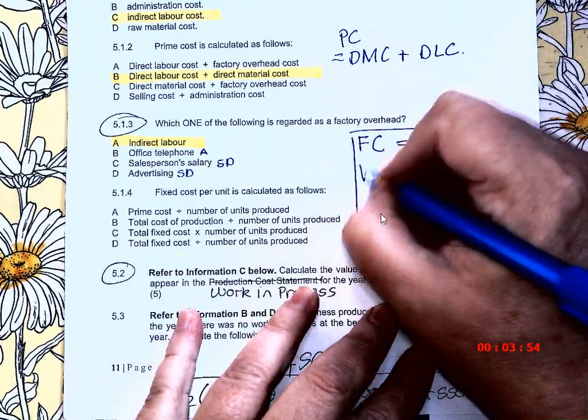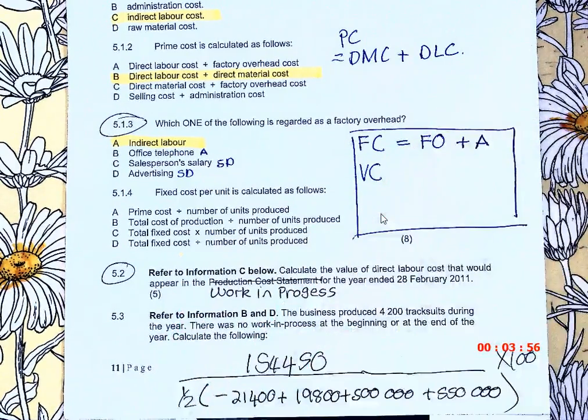Variable cost, on the other hand, is determined by the units. So for every item that I make, I need a certain amount of material and a certain amount of labor. If I'm baking a cake, it needs 2 eggs. If I'm baking 2 cakes, 2x, 2x gives me 4 eggs.